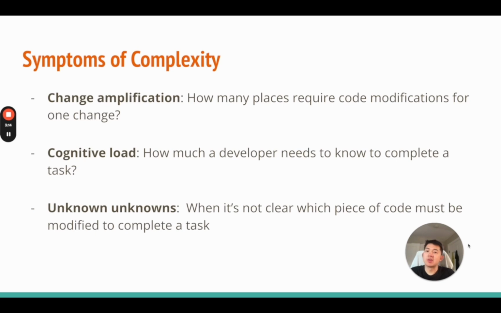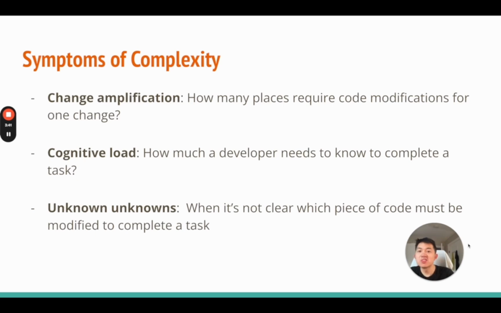The first symptom is change amplification. It's a fancy way of saying: when we want to change a variable value, how many places require code modifications for just one simple change? Let's say we forgot to assign a variable to a particular constant.